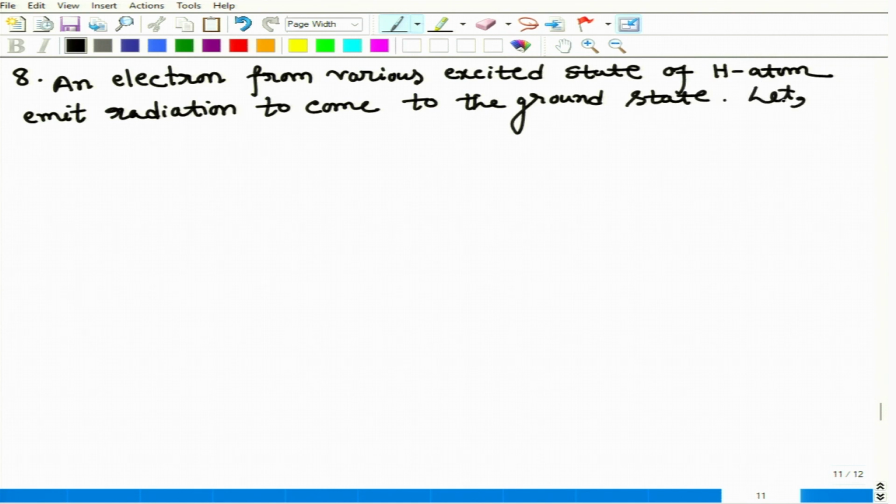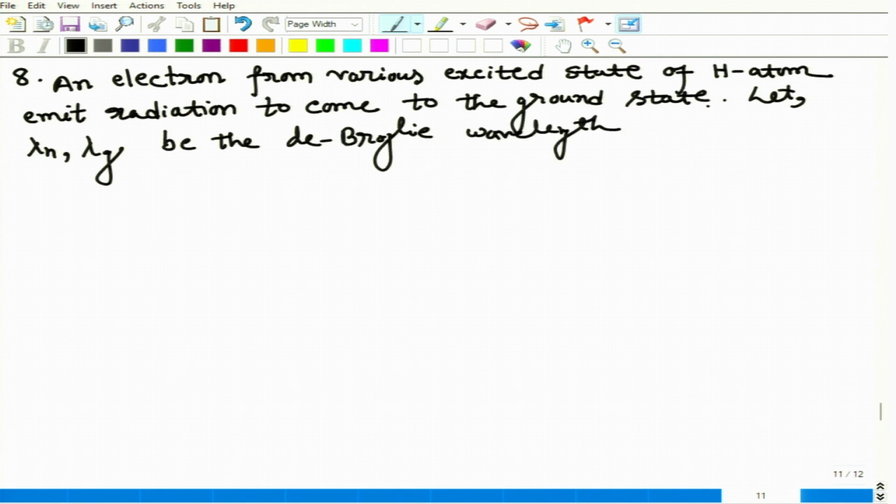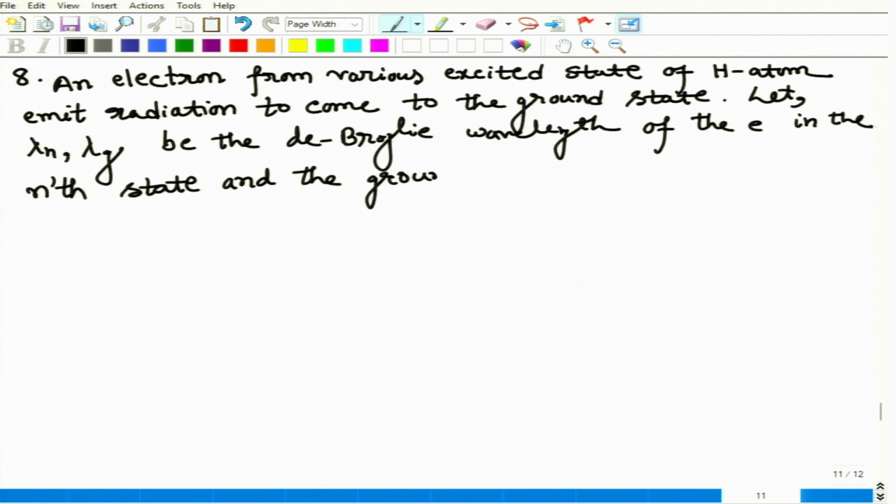Let lambda n and lambda g be the de Broglie wavelength of the electron in the nth state and the ground state, respectively.